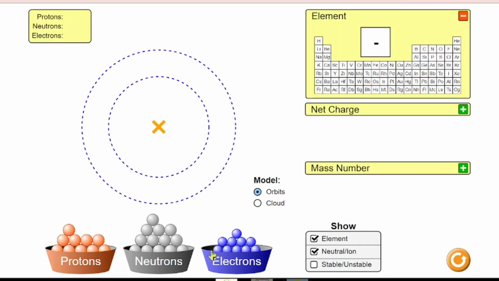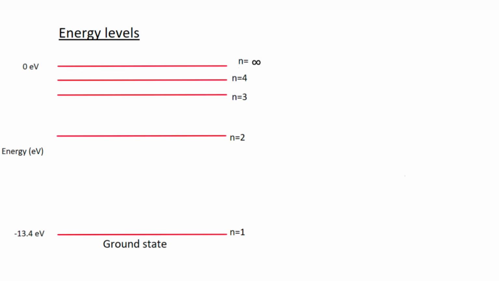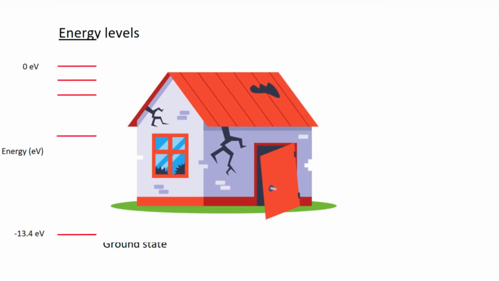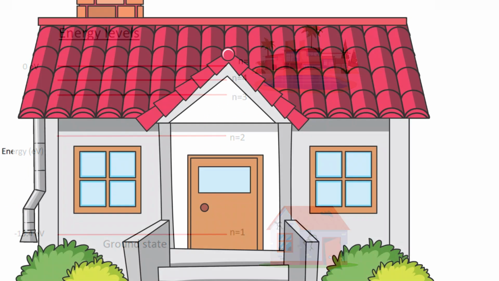If you've done shells, you have different shells. If you've done chemistry 1s2, those all symbolize different energy levels that electrons can occupy. Each energy shell is at a different energy level, and this is an important concept for us to grasp, right? So if electrons can occupy different energy levels, think of them as different houses, right? In society, we have probably the lower class, the middle class, the upper class.